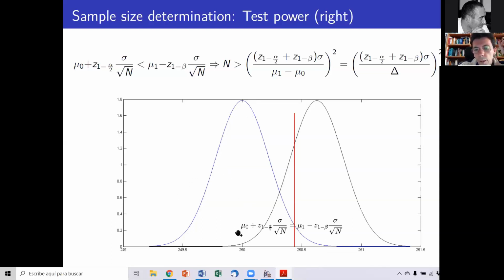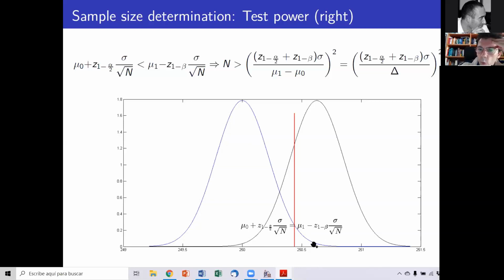So the mean should be 250, but with 20 tablets, you could see deviations that go up to minus 0.5, plus 0.5 milligrams. So if everything goes fine, if the machine is working correctly, observing a value of 249.8, so somewhere here, would not be very unlikely. So it would be a normal result.